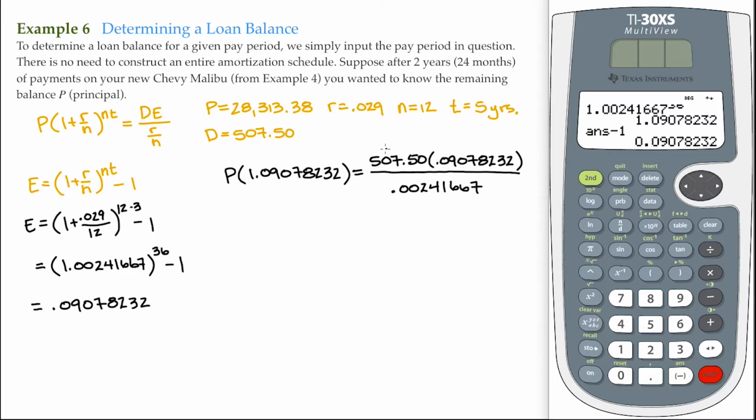So now I'm going to plug all of this right into my calculator as you see it. $507.50 times 0.09078232. Then I'm going to divide that by 0.0024167.